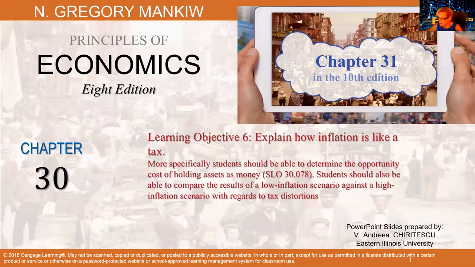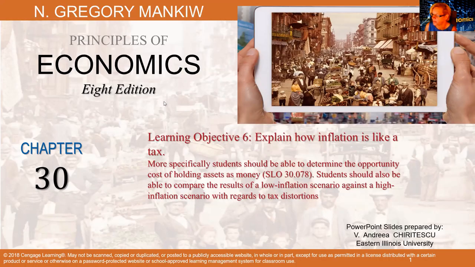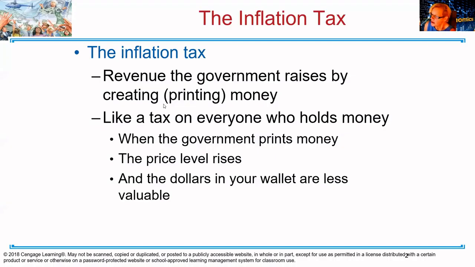Okay. So we're going to take a look at low inflation versus high inflation in tax scenarios. That's really what we're about in this particular section. Remember that the government raises its revenue, meaning government spending, that we talked about clear back in Chapter 23. Economists think of inflation as a tax on everyone who's holding money.